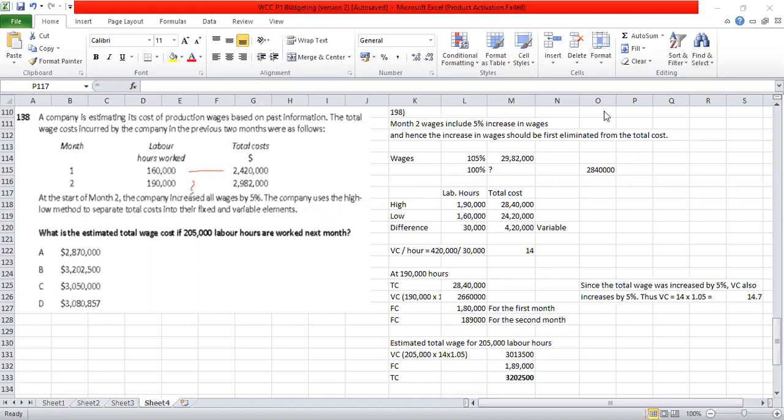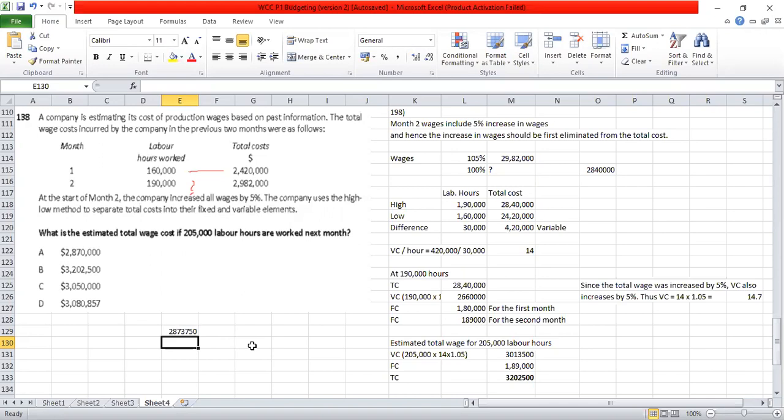But in situations where we have to ascertain whether this is a variable cost or a semi-variable cost, how do we do that? We take it up as 190. I'll just take 190, eliminating the zeros: 2,420,000 divided by 160, multiplied by 190, comes to 2,873,750. But the given amount is 2,982,000.